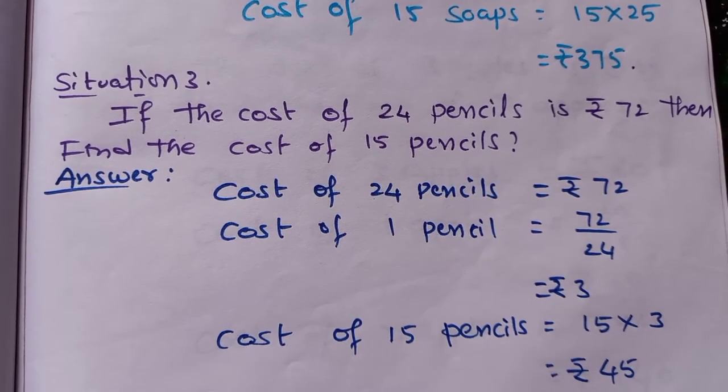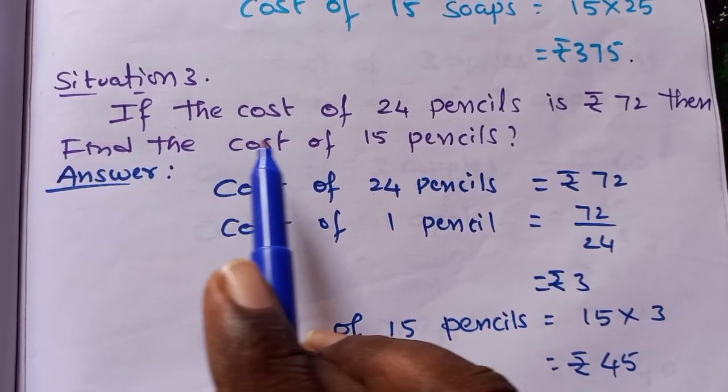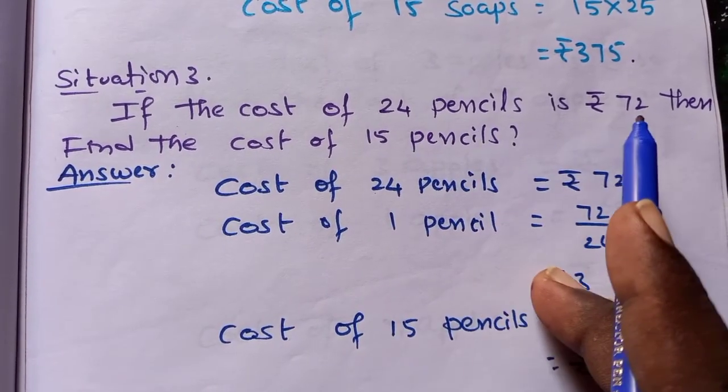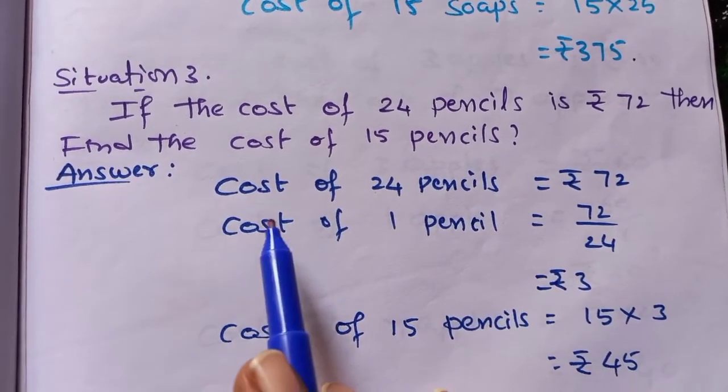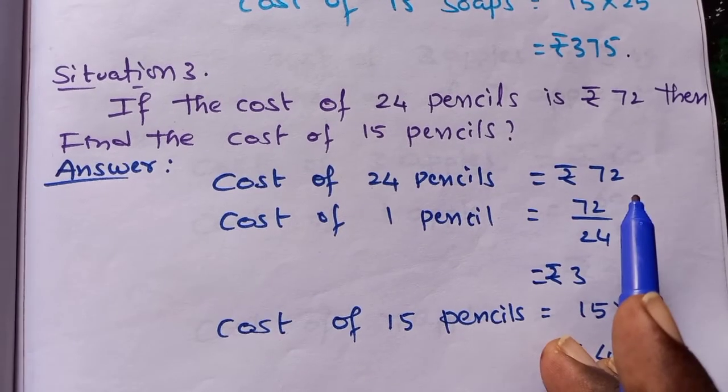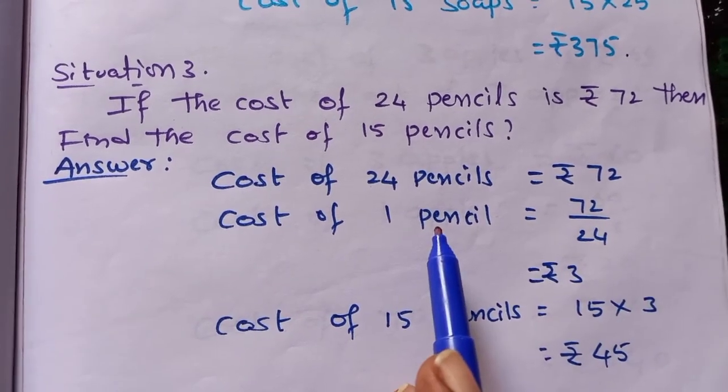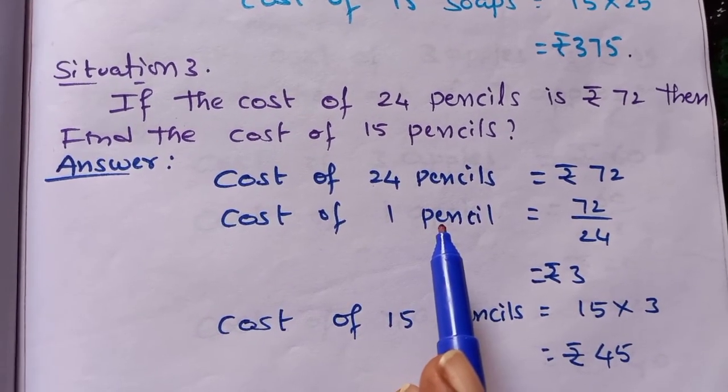Now situation 3. If the cost of 24 pencils is 72 rupees, then find the cost of 15 pencils. Here the cost of 24 pencils equals 72 rupees. First we have to find the cost of one pencil.